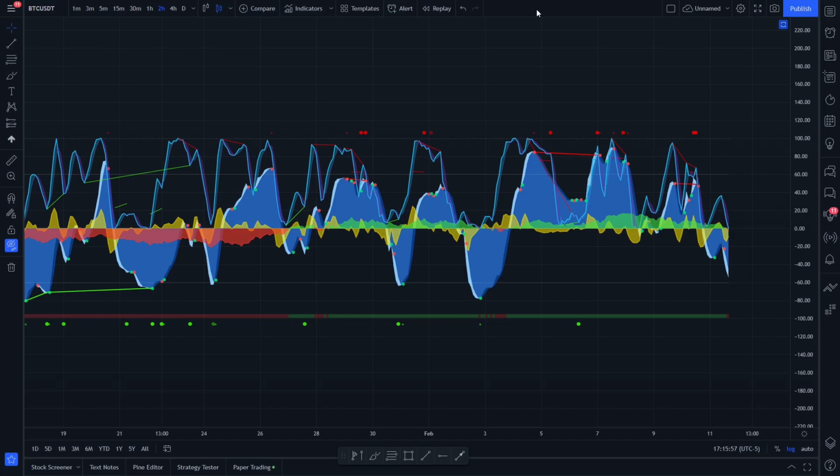Another thing to point out is the scale bar you see on the bottom, right under the indicator, the red and green one. That bar simply indicates whether the sellers or the buyers are in control of the market right now, green being for the buyers and red being for the sellers.